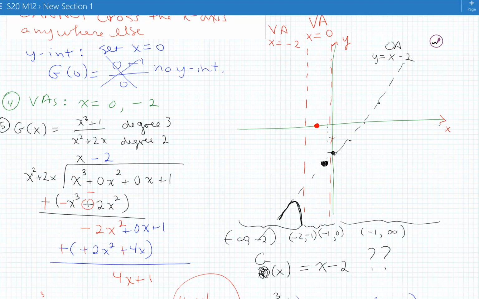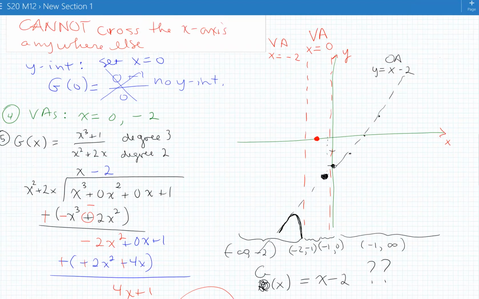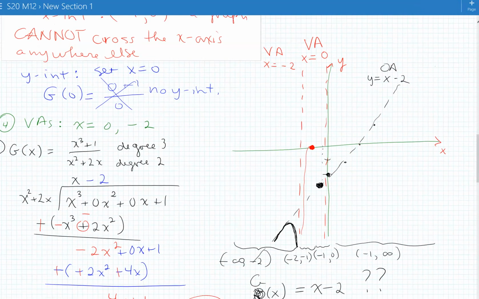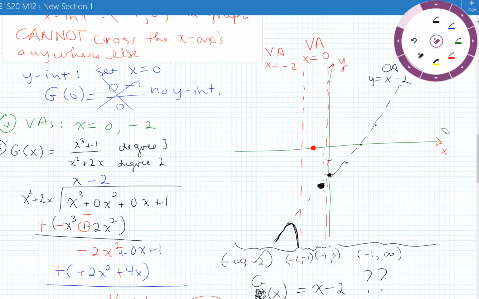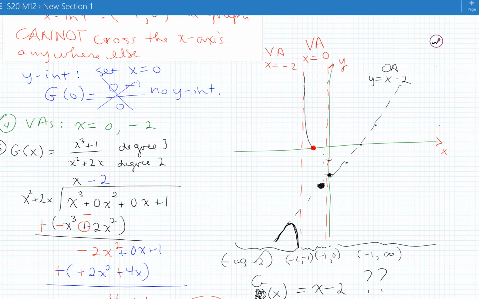Now between negative 2 and negative 1, I either have to be approaching the vertical asymptote coming up from below, oh, but then I crossed the oblique asymptote at a place where I can't. So I must be coming from above to the x-intercept. And then I have to go down through this point where I cross the slant asymptote and then approach the vertical asymptote.